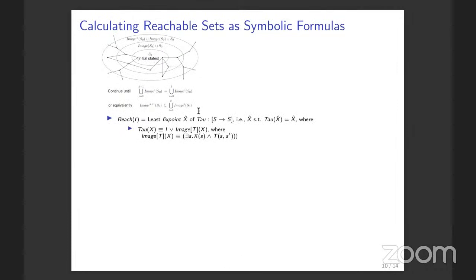Now, what I observed was that it was useful also to view the set of reachable states and its computation as characterizing it as a fixed point of a function that maps predicates to predicates, that is, set of states to set of states.